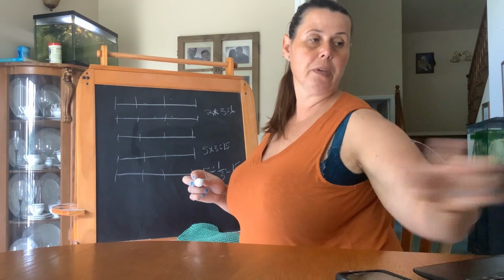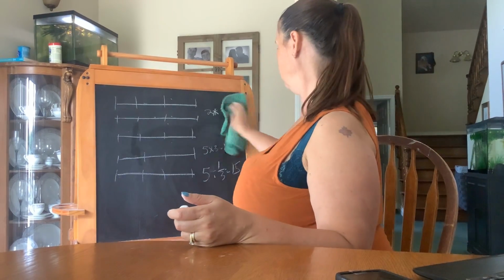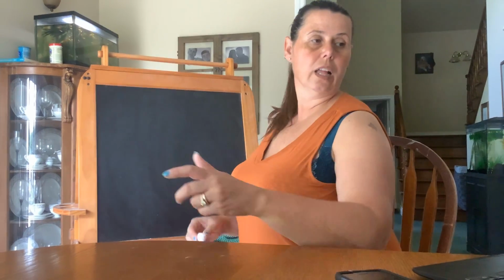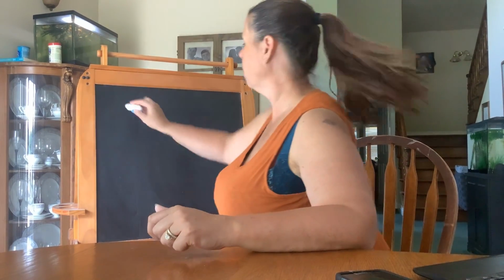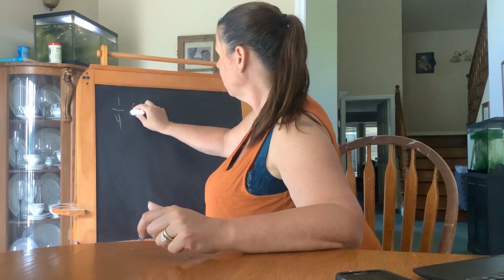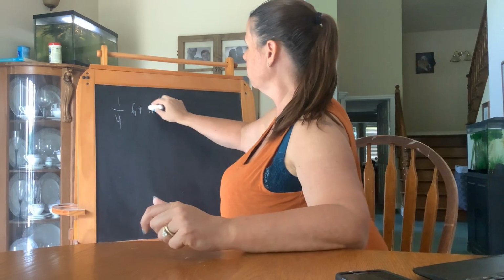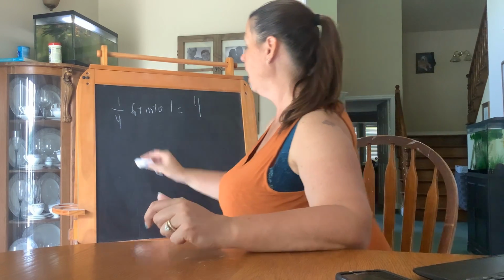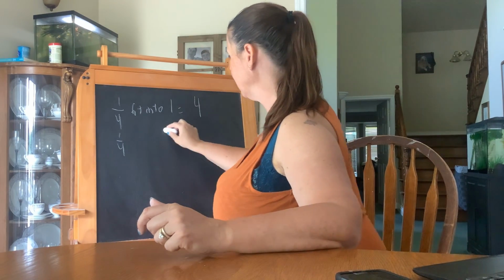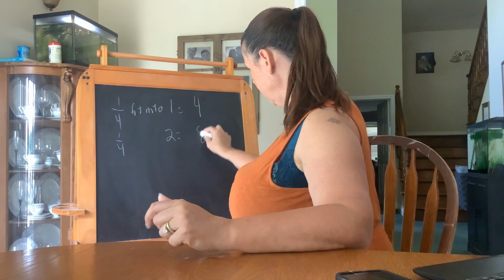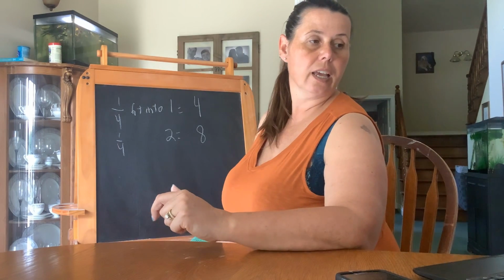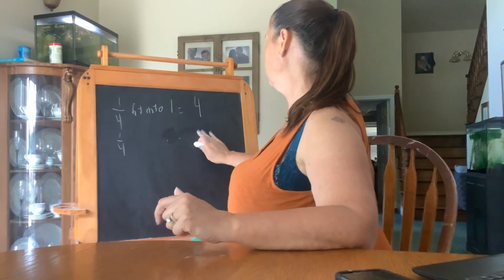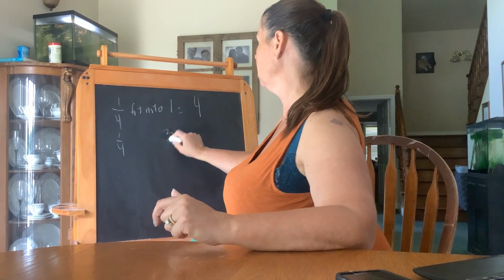All right, let me do B with you too, just so you get the hang of it. How many pieces of length 1/4 fit into 1? Well, 4 do. How many pieces of 1/4 fit into 2? Well, 8 do. How many pieces, oh, it didn't ask me about 2. Pardon me, got ahead of myself. Fit into 3.